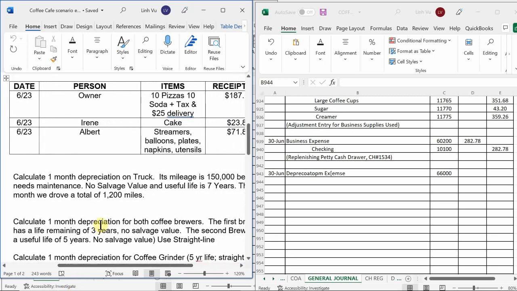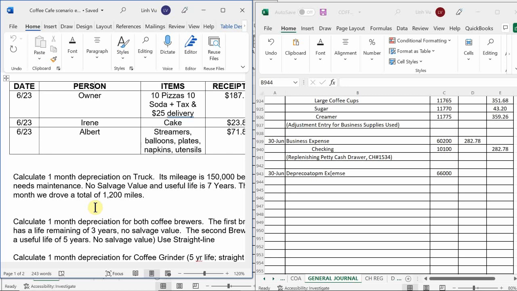So in this case, this truck is based on a total of mileage. If that's the case, which depreciation method are we using? If it's based on a total of miles that you drive, then that must be activity-based, or units of production. There's a cap limit of how many items you can produce.